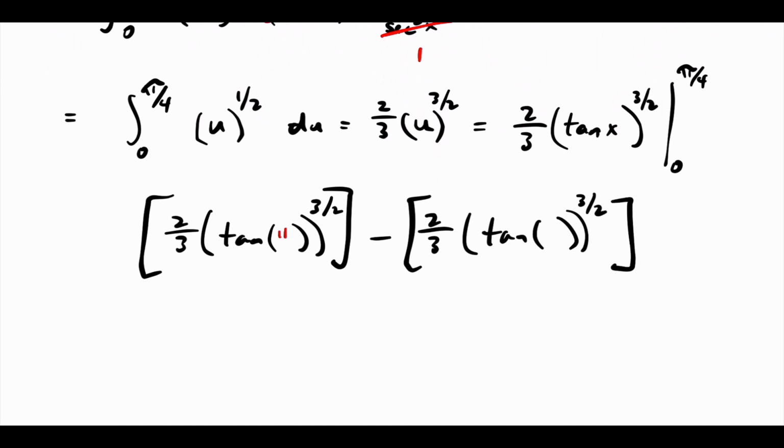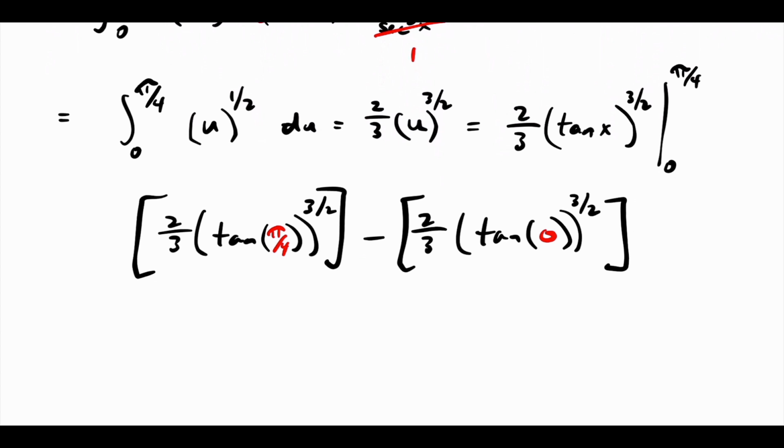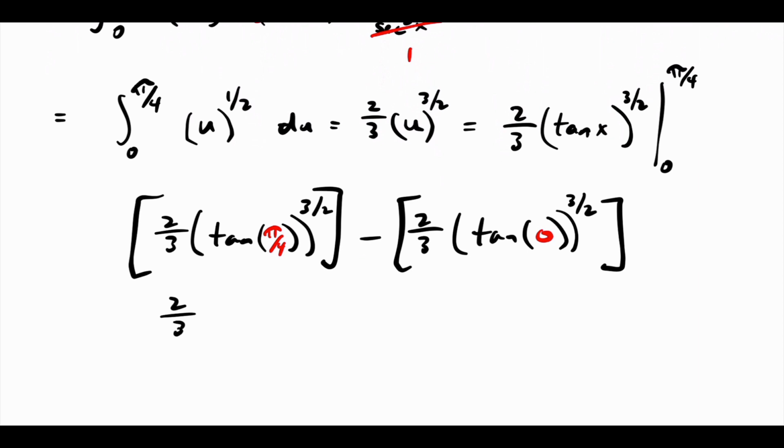So I plug in pi over 4 and 0. Tangent of pi over 4 is 1, positive 1. So I have 2/3 times 1 to the 3/2 power.